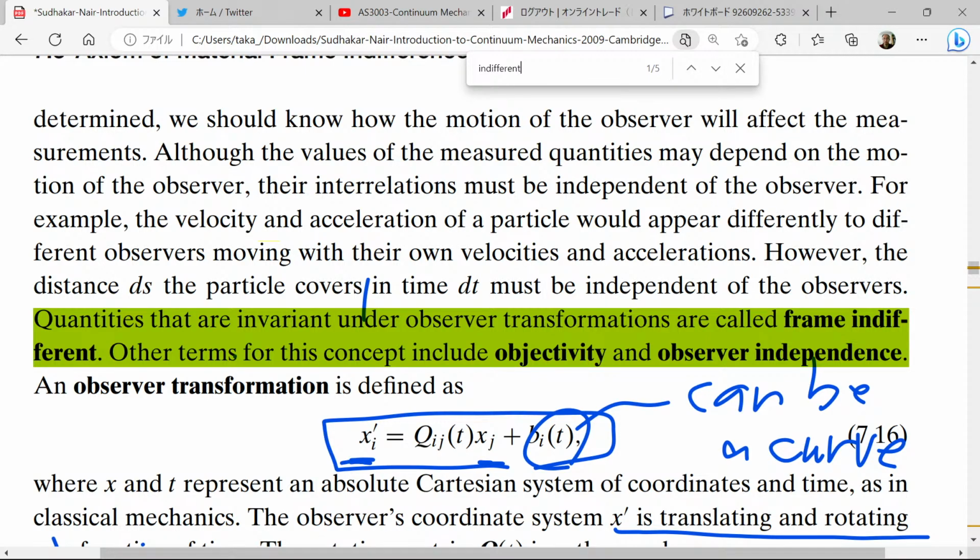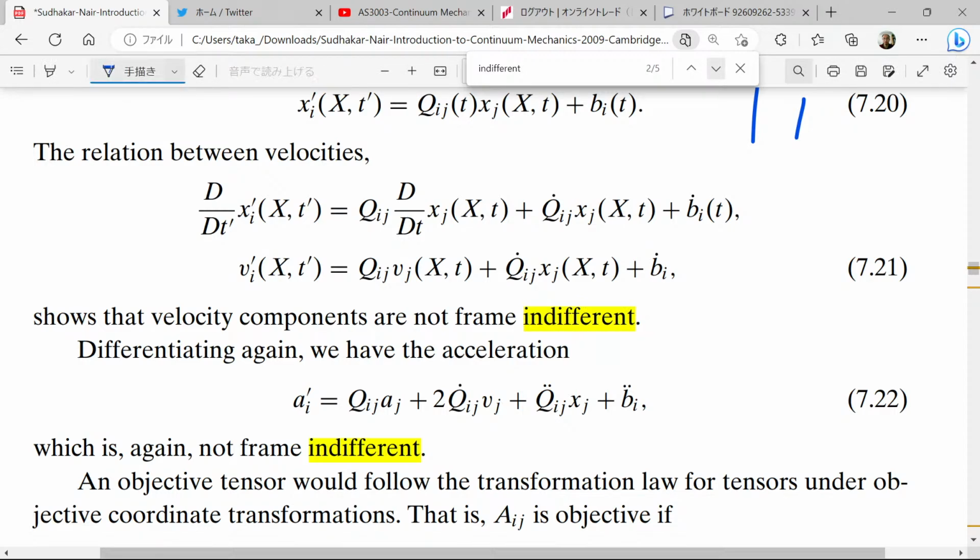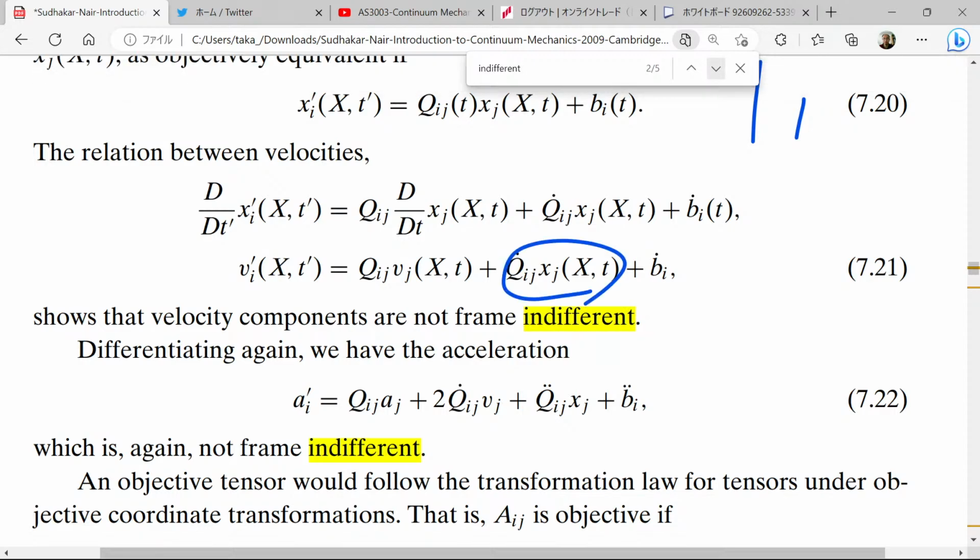Other terms for this concept include objectivity and observer independence. So the velocity is not frame indifferent, I think because you have this term. If you have this term, it is not frame indifferent.